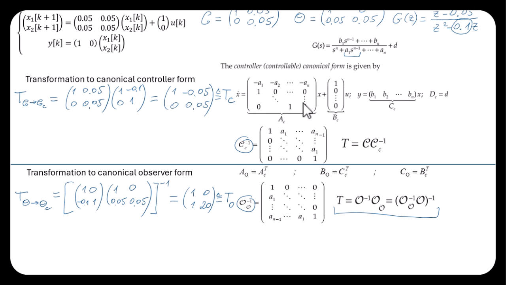Now we need to get the actual realizations of the system, which are AC, BC, CC, the controller state. And we know how they need to look. So the actual matrices that we will get will look like that, or like that, or like that. We can compute them directly, but I want to use TC to compute them now. So AC equals similarity transform that we found before, TC inverse times the original A times TC.